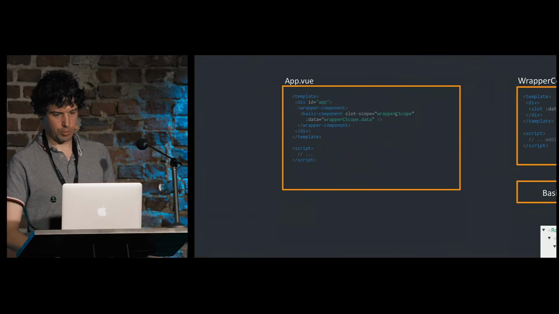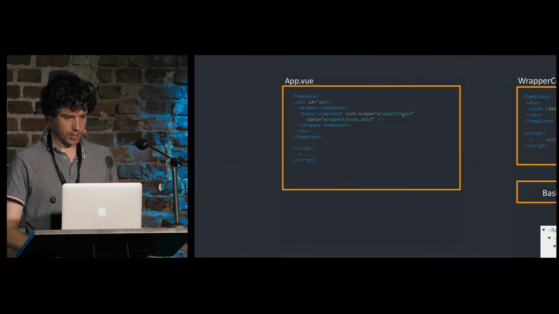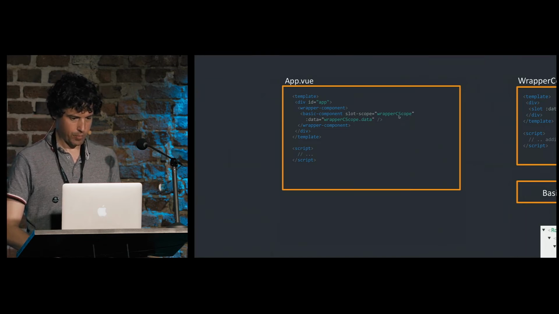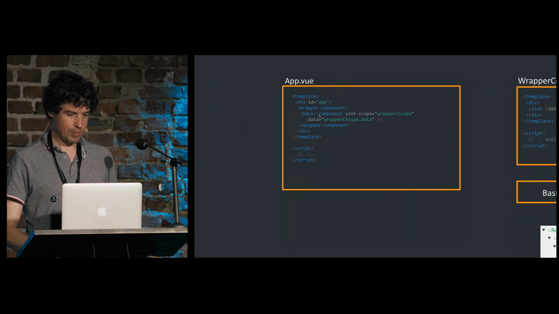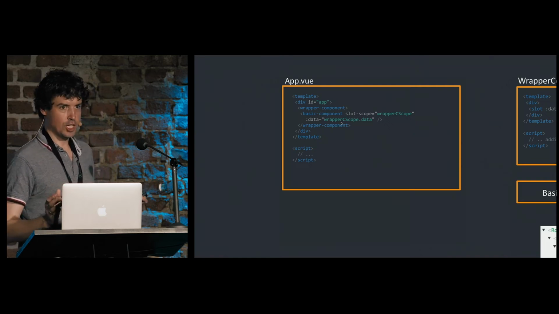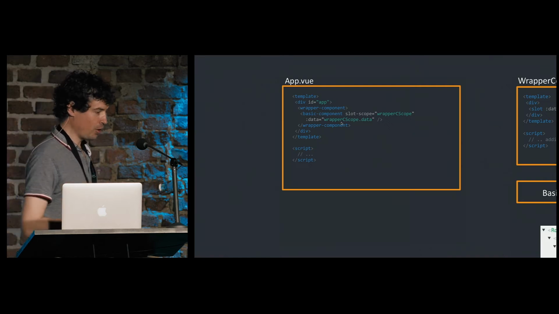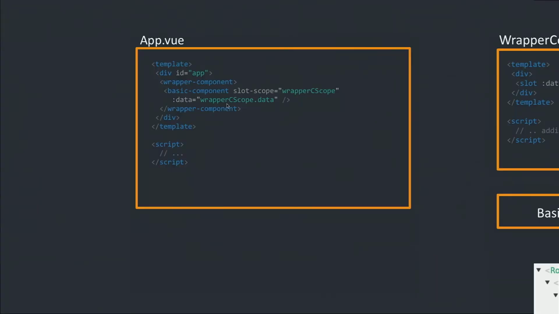So the wrapper component scope here is the name where I can access all the properties which are bound to the slot in my wrapper component. And in this example, I'm just using it to extract it from the wrapper component and pass it down to the basic component.